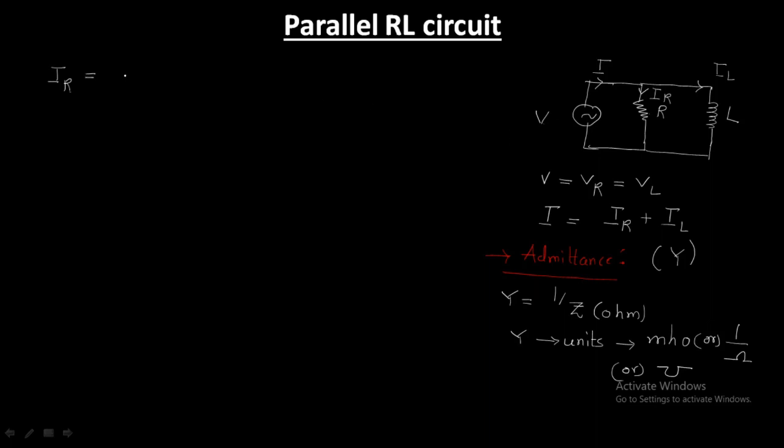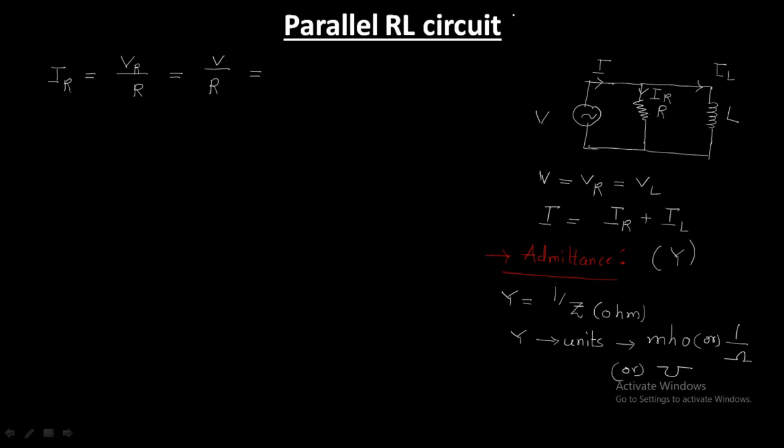Current through the resistor IR means, from Ohm's law, we can write the voltage across the resistor divided by the resistance value. The voltage across the resistor and the supply voltage are the same. That's why you write V by R. V is the supply voltage.